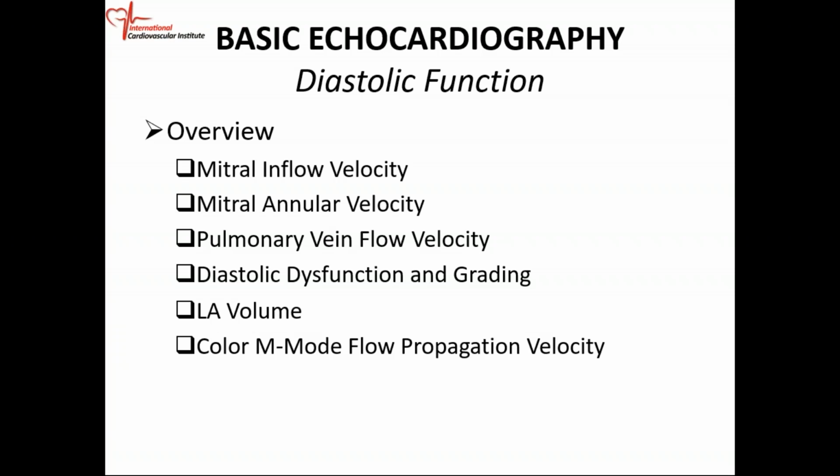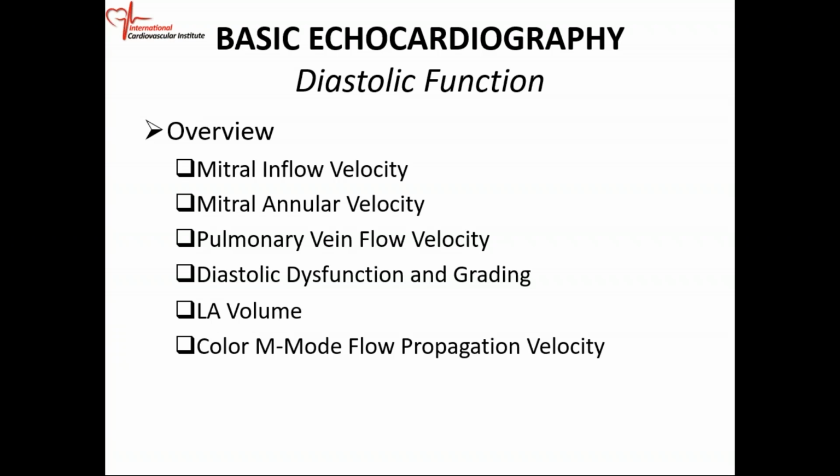In ventricular diastole, when the mitral valve opens, blood is still flowing from the pulmonary veins into the left atrium. So you get a systolic component and a diastolic component. However, when the atrium contracts, it pushes the blood into the pulmonary veins in the opposite direction.